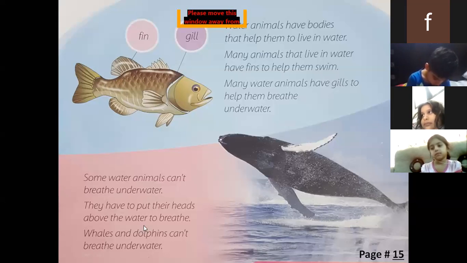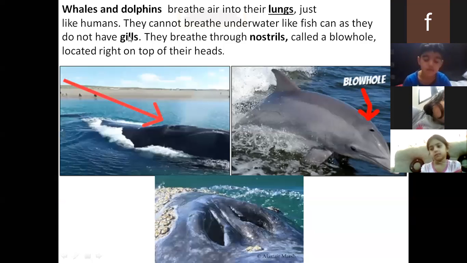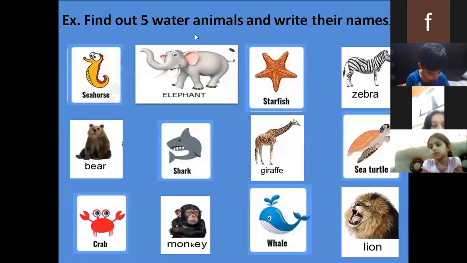Let us see those animals. Whales and dolphins can't breathe underwater. Now please look at the screen, all of you, because this is not written in the book.